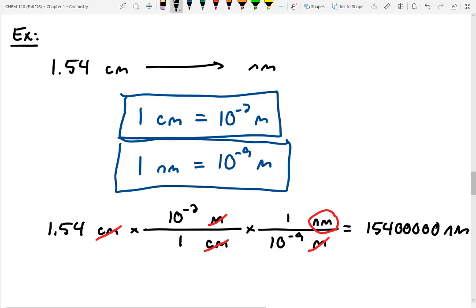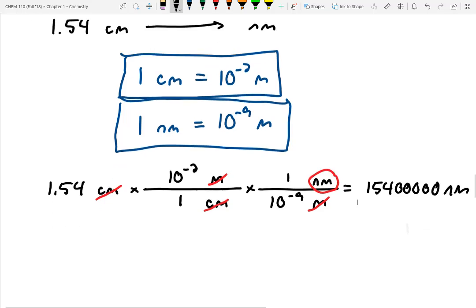Is that what other people are getting? Again, make sure that your calculator input is correct. You can also use other math tricks with this. We're not going to really dig into that. My biggest concern is that you're comfortable using your calculator.